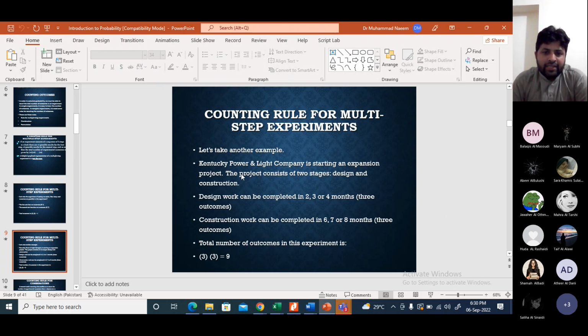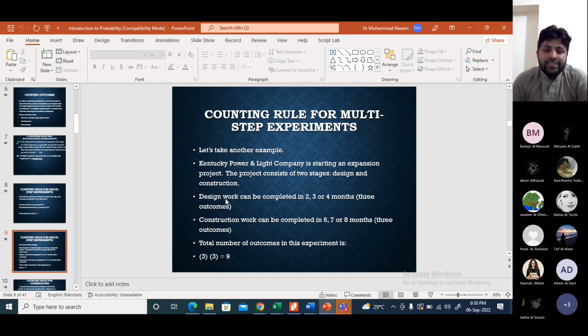Let's take another example. Kentucky Power Light Company is starting an expansion project. The project consists of two stages, design and construction. Design work can be completed in 2, 3, or 4 months. Construction work can be completed in 6, 7, or 8 months.